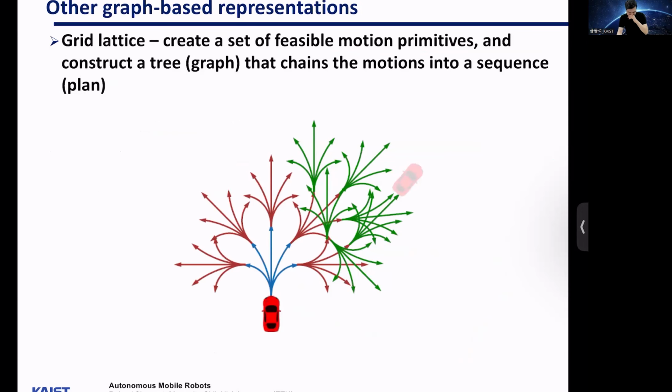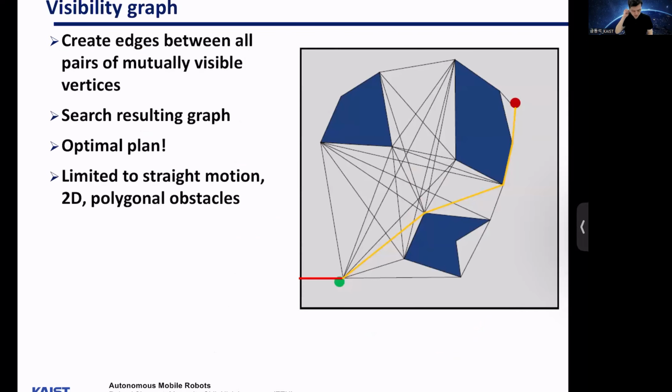So let's look at other representations. There's a grid lattice, or state lattice. Create a set of feasible motion primitives and construct a tree that chains the motions into a sequence or a plan. Okay. There's the visibility graph.